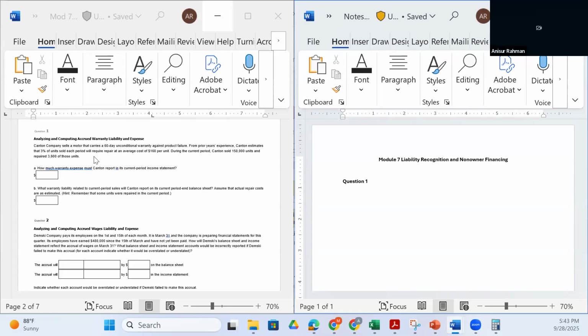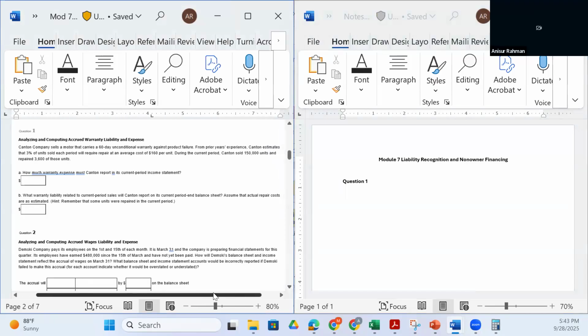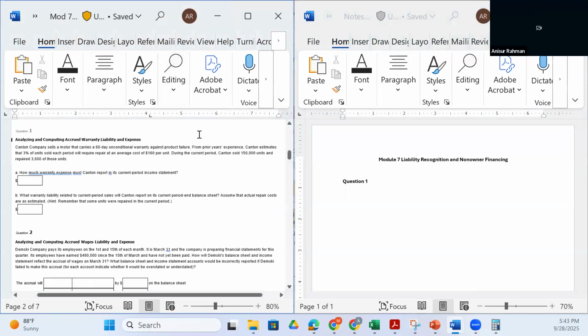So in this problem, we are working on analyzing and computing accrued warranty liability and expense. This company sells a motor that carries a 60-day unconditional warranty against product failures.